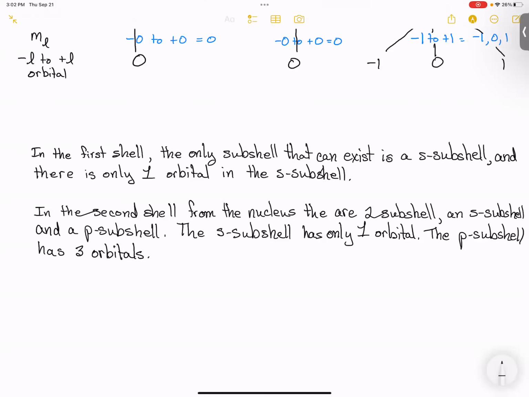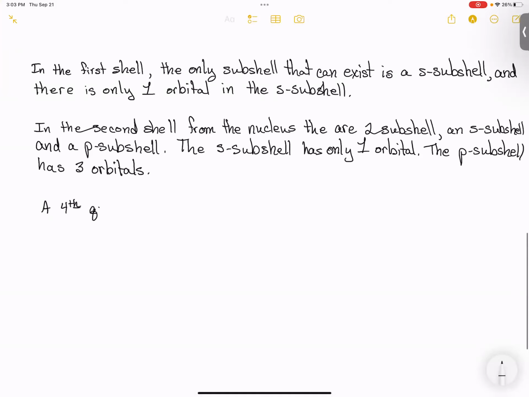A 4th quantum number is required because 2 electrons can exist in each orbital, but they cannot have the same quantum numbers.